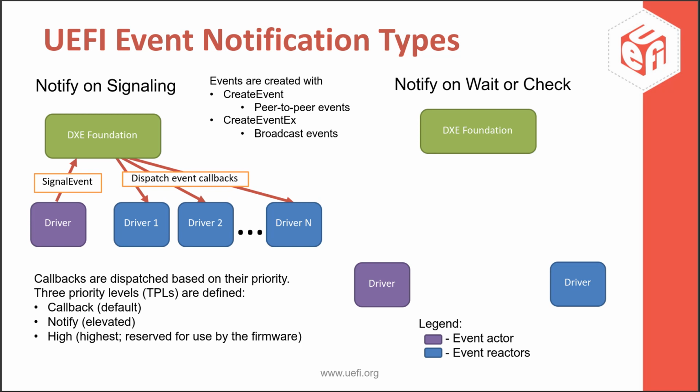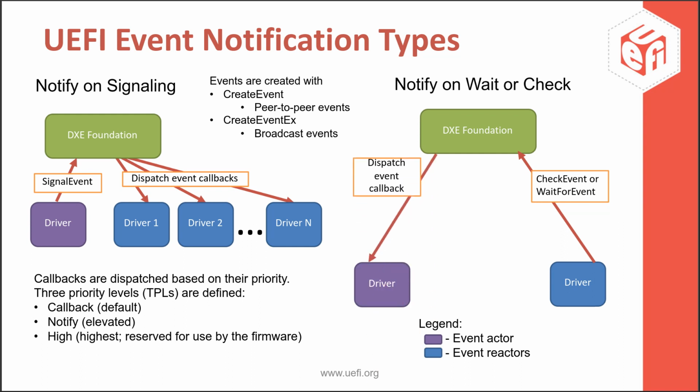And the second type is notification on wait. So a driver may call the check event or wait for event UEFI service, and once this happens, the callback function in the actor driver is invoked, and then the driver can check whether the underlying condition occurred or not.